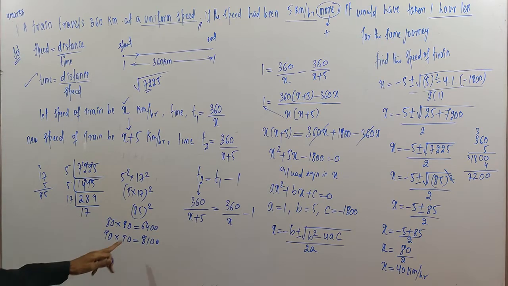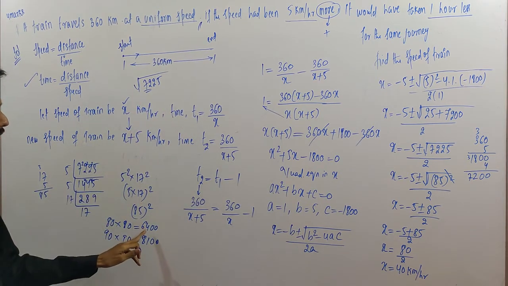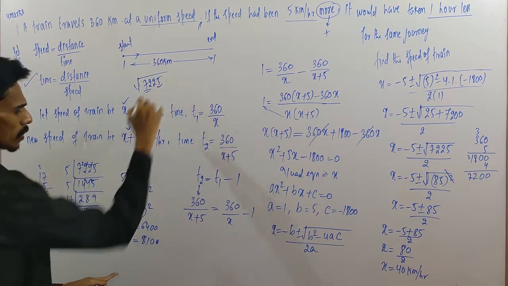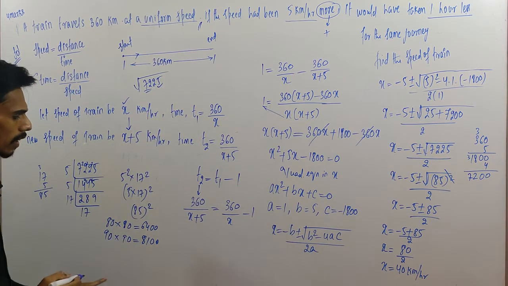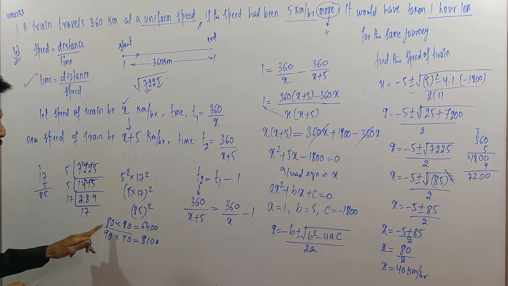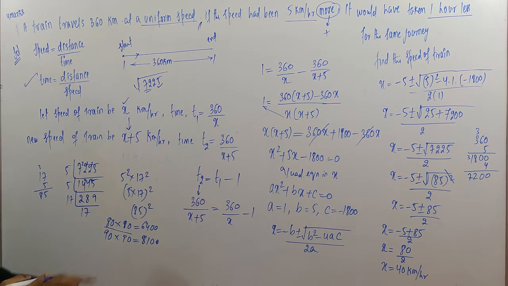So we want a value between 6400 and 8100. So 7225 lies between these, so the square root will also lie between these two values. So select any value between 80 and 90.